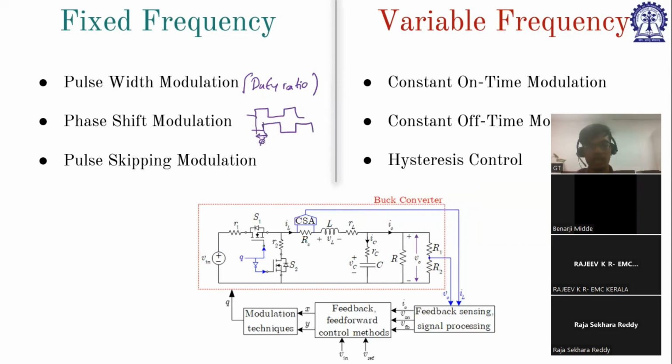In this course, we are not considering phase shift modulation. It is used in other AC/DC converters, so no need to bother about it. In pulse skipping modulation, we are skipping the pulses. This is operated in light load condition.